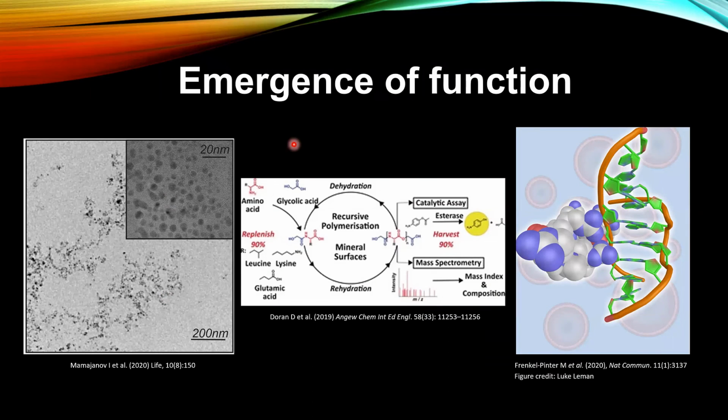After we formed polymers, so we've talked about all of these different elements of chemical evolution. What I want to mention here is that after we form the polymers, we can very easily get to functional polymers. And here are some examples. This is in this work by Irina Mamajanov. She showed that hyperbranched polymers possess high photocatalytic activity.